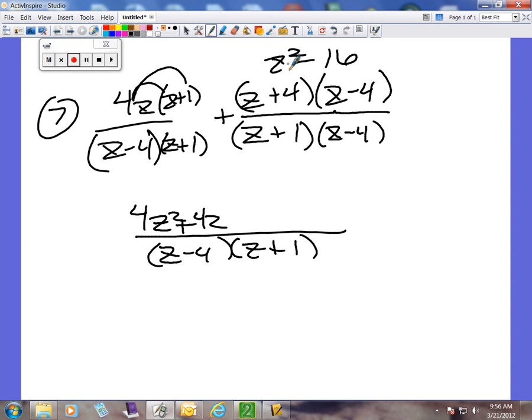Because it's a difference of 2 squares. It's just been factored. Now if you FOIL it, you're going to see you'll have a negative 4z and a positive 4z, and they cancel, don't they? Is everybody okay with what I did there? So what do we have here? So we got 4z squared plus 4z plus z squared minus 16. Now you need to add like terms.